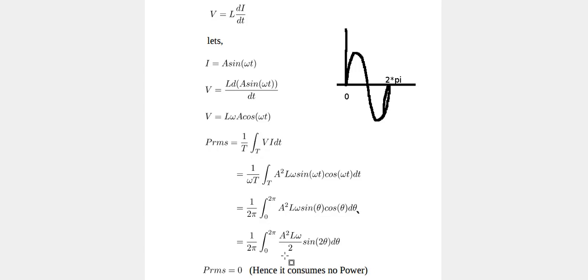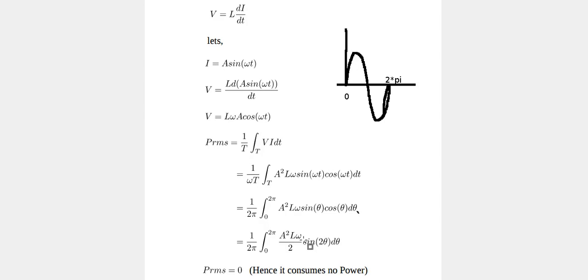I will get minus 2 theta by 2. So it's a minus 2 theta. Minus cos 2 theta. So it is 0 minus.